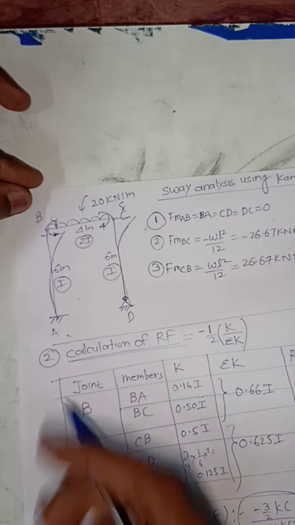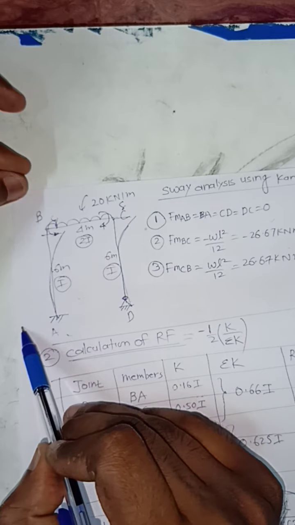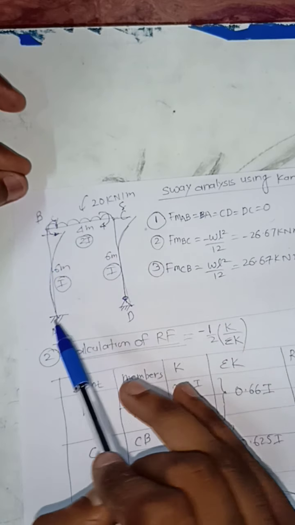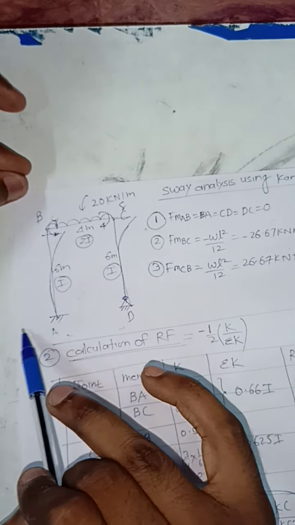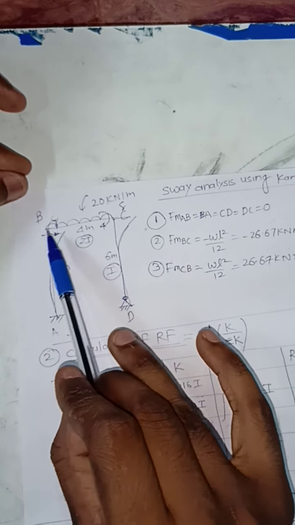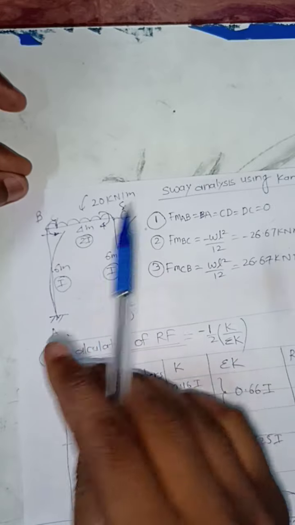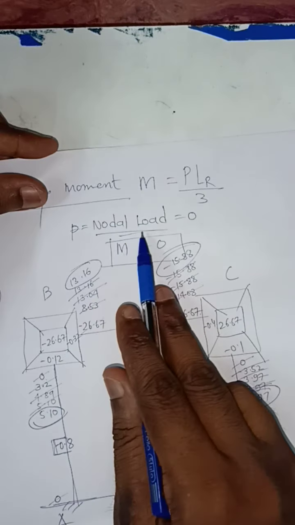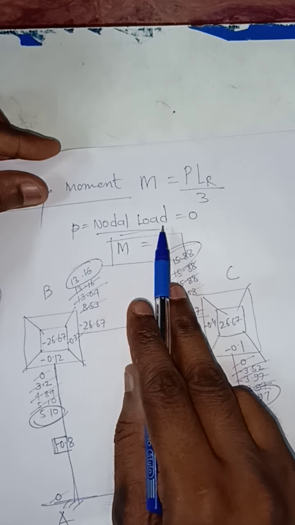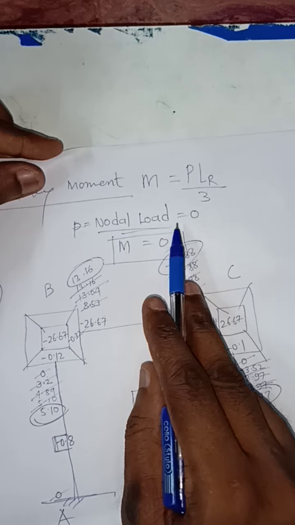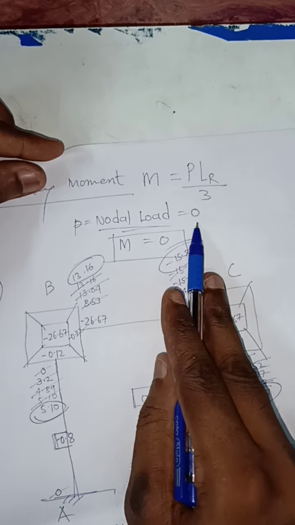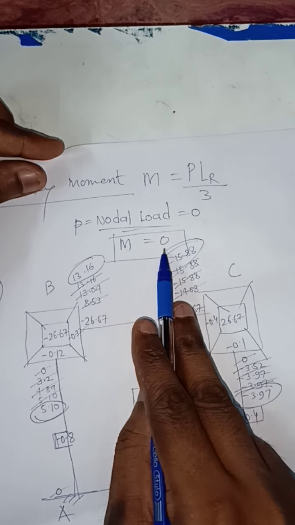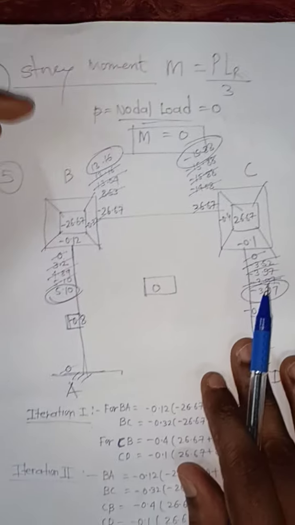The definition of P is that if a horizontal load is applied at A, B, C or D, which are defined as nodal points, then and only then we have to use the value of P. But here in our numerical there is no nodal load, therefore we treat P as 0. So finally, if you put P equal to 0, the moment M will be equal to 0.